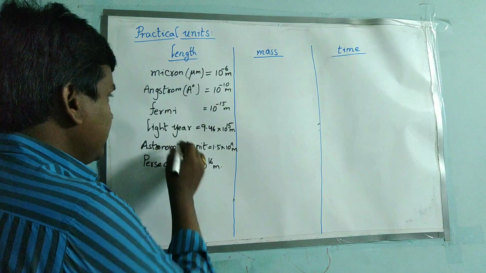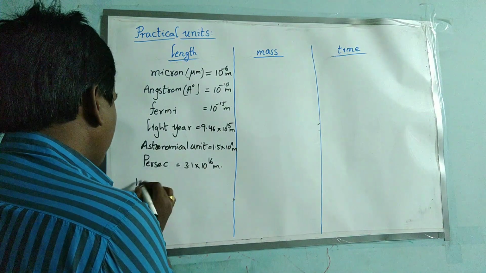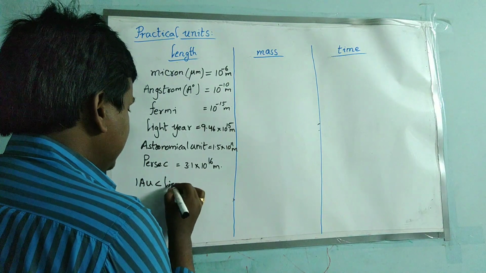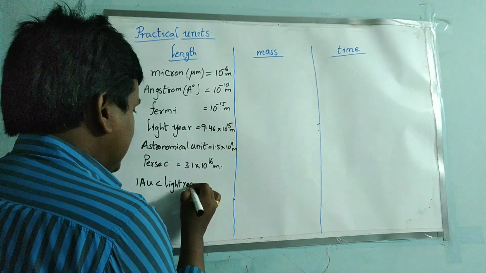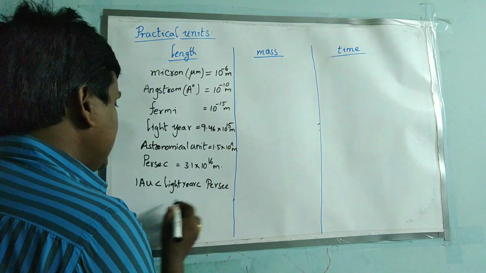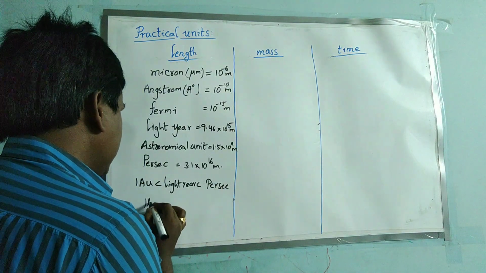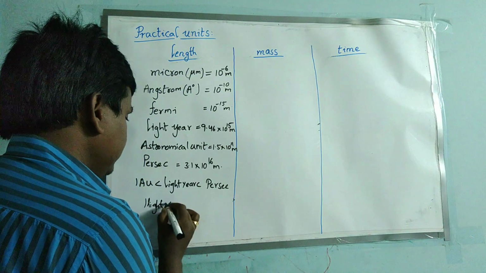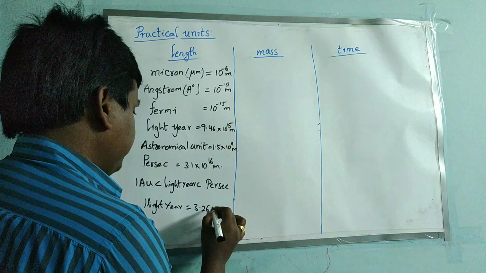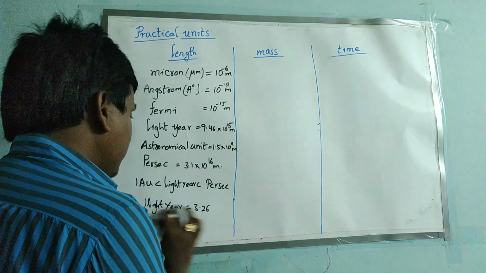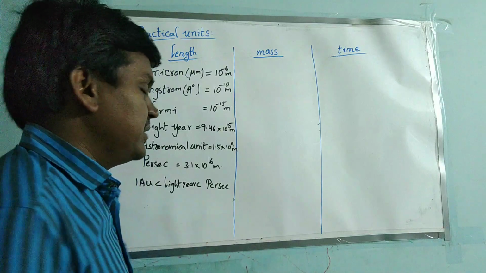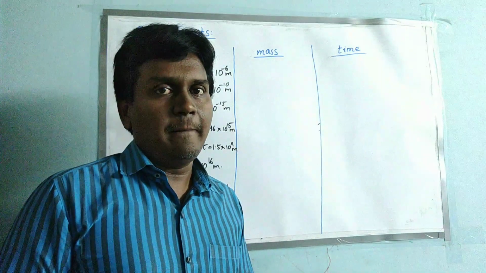One astronomical unit is very much less than a light year, and a light year is less than a parsec. One parsec can be written as 3.26 light years. That means parsec is more than the light year.